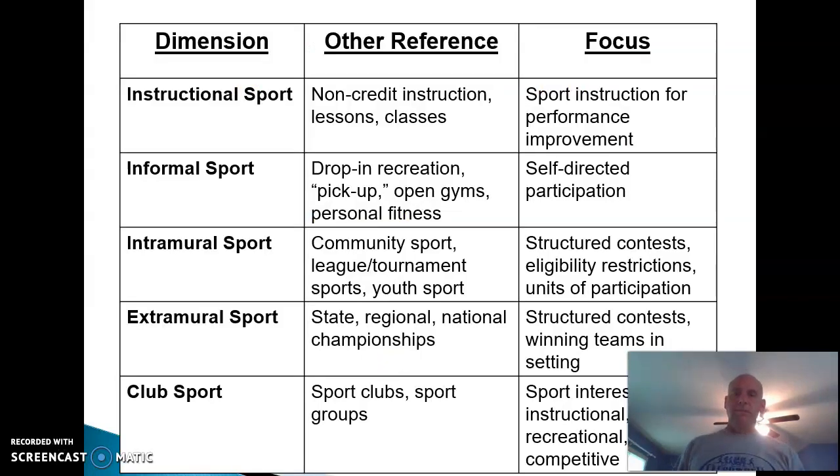Looking at some of the dimensions of sport and kind of what their focus is, and when we look at recreational sport, you'll see that instructional sport, where it's about teaching the skills, teaching the rules, teaching the guidelines, the etiquette that goes along with the sport. And it's about sport and instruction to increase the performance, to get better.